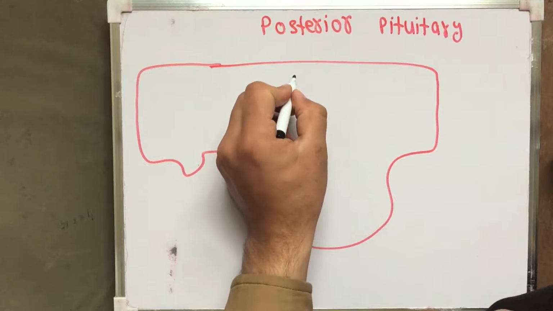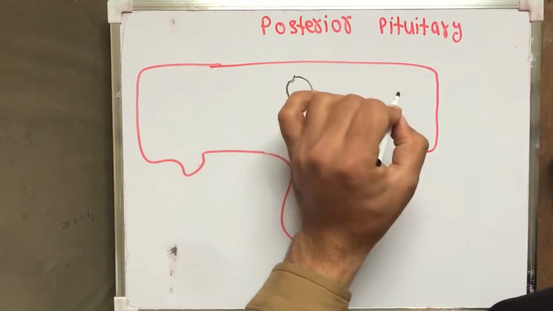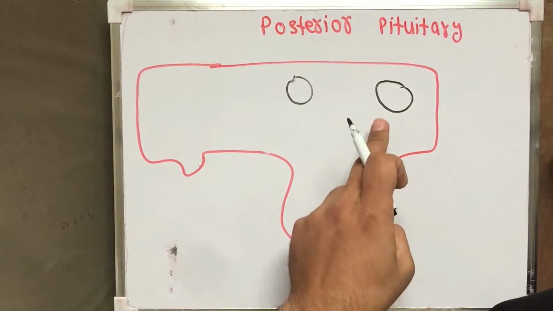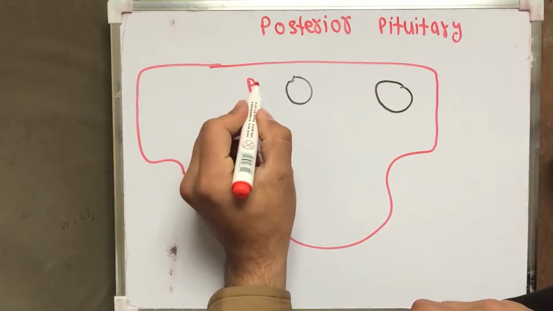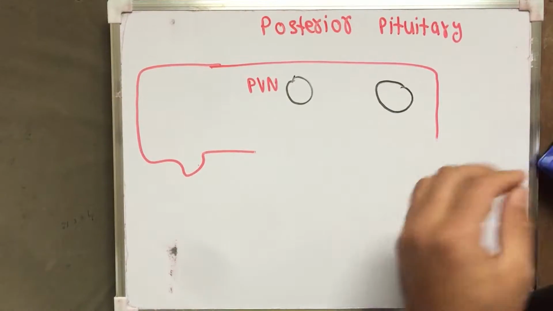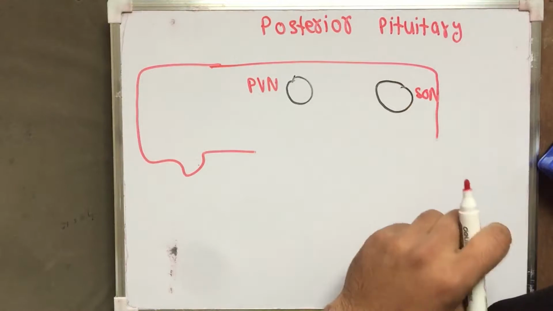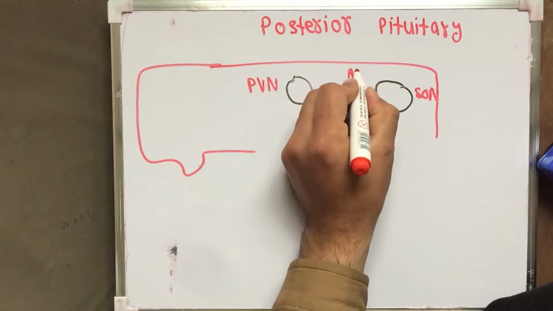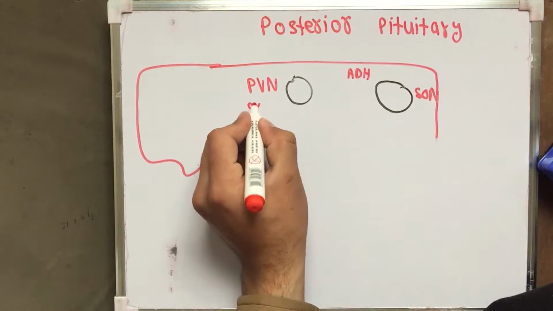One is the paraventricular nucleus, and another is the supraoptic nucleus. This supraoptic nucleus produces ADH, antidiuretic hormone. Paraventricular nucleus produces oxytocin.